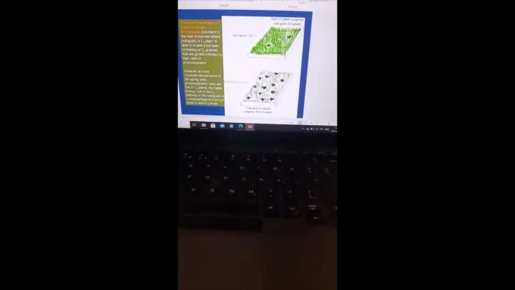Since photorespiration, which minimizes their growth, is very low, they can take advantage of low photorespiration, increase their photosynthesis, thereby increasing their growth. They are able to outcompete the crabgrass, which is a C4 plant. Remember, the C4 photosynthetic pathway, it's long and it is expensive.